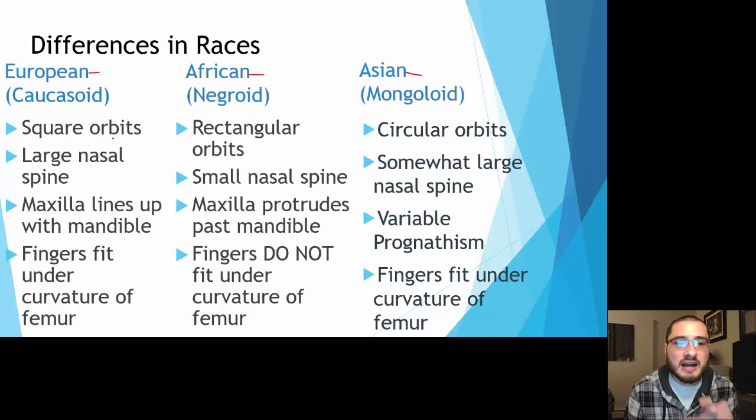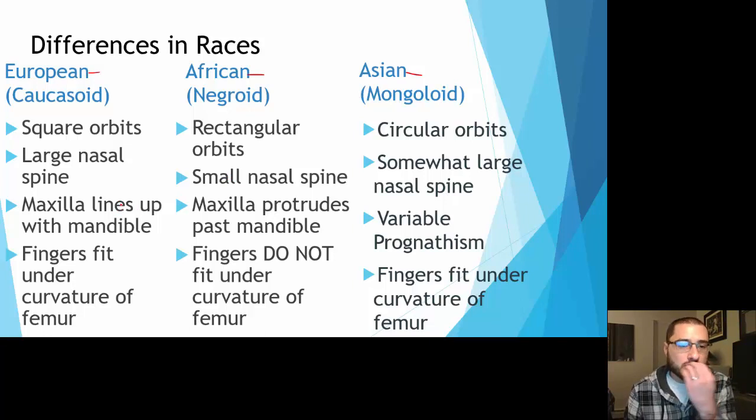So when we look at the skeleton, the eyes are square shaped, or they have square orbits. In Africans, we see rectangular orbits in the African ancestry, and in Asian ancestry, or Asians, you see circular orbits. Also, the nasal spine is going to be large in both Europeans and Asians, and it's going to be small in African ancestry.